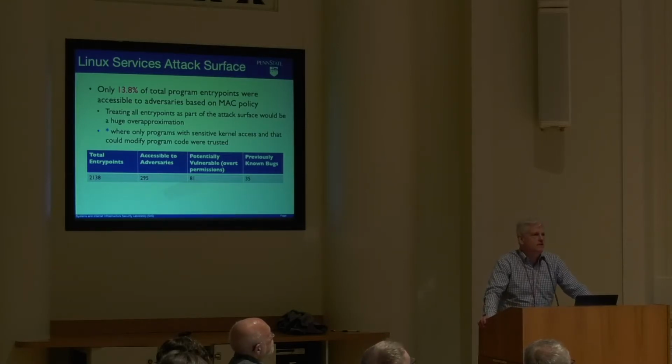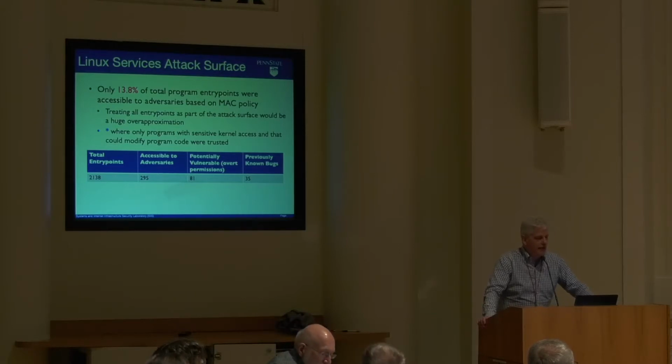And so we also looked across the Linux services to see what the extent of the problems were with respect to the breadth of the attack surface for Linux services existing on the system. So basically we looked at a number of system programs you would think of that ran on Linux, and we computed, based on the mandatory access control policy, what files, for example, or what resources those programs would use that could be written to by an adversary.